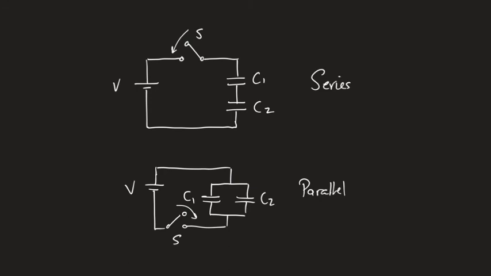That's the definition of capacitance. Two pieces of metal that aren't touching. So all capacitor circuits aren't complete circuits. They are not complete. So there's no flow of charged particles in any capacitor circuit.